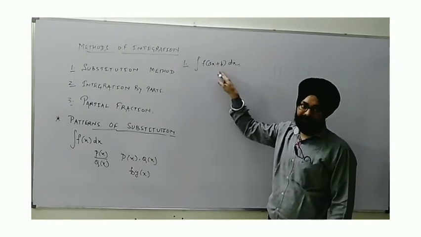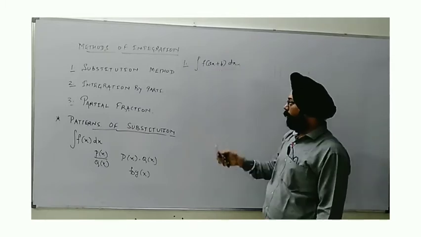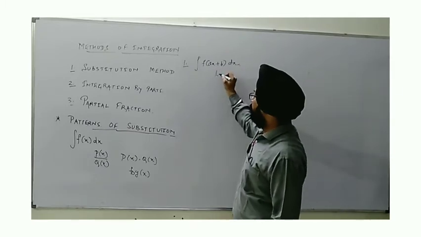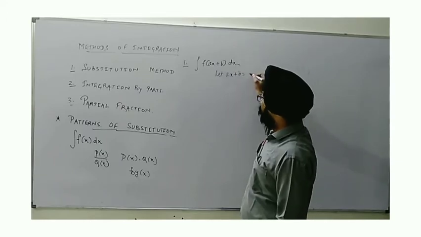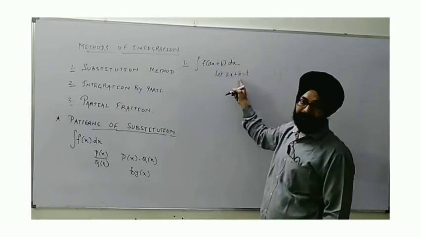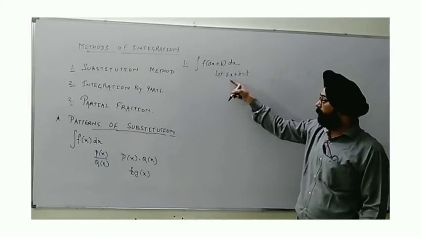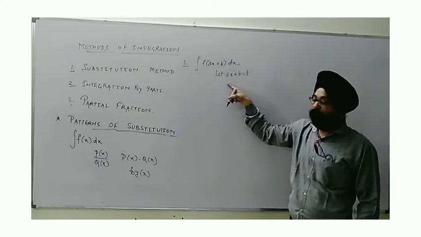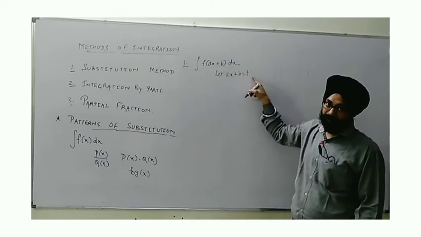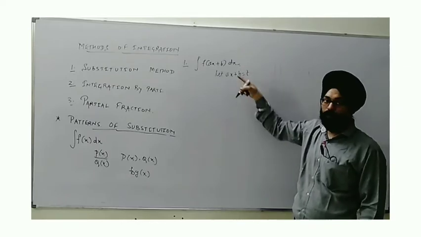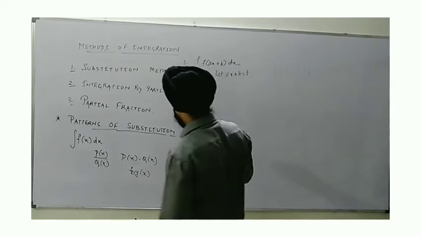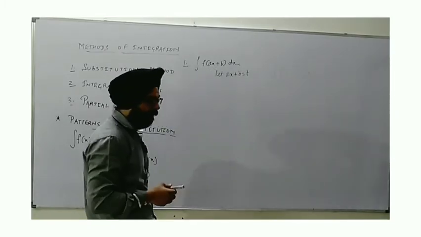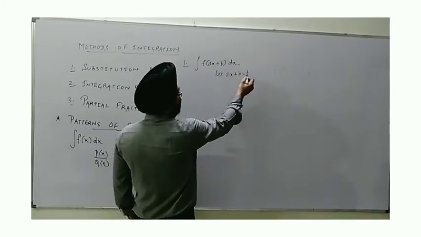So whenever such a condition appears, we consider the linear part as some other variable. This is known as substitution. We substitute this linear polynomial by a single variable, ax plus b substituted by t. Now this equation gives a relation between x and t, so both are variables here.